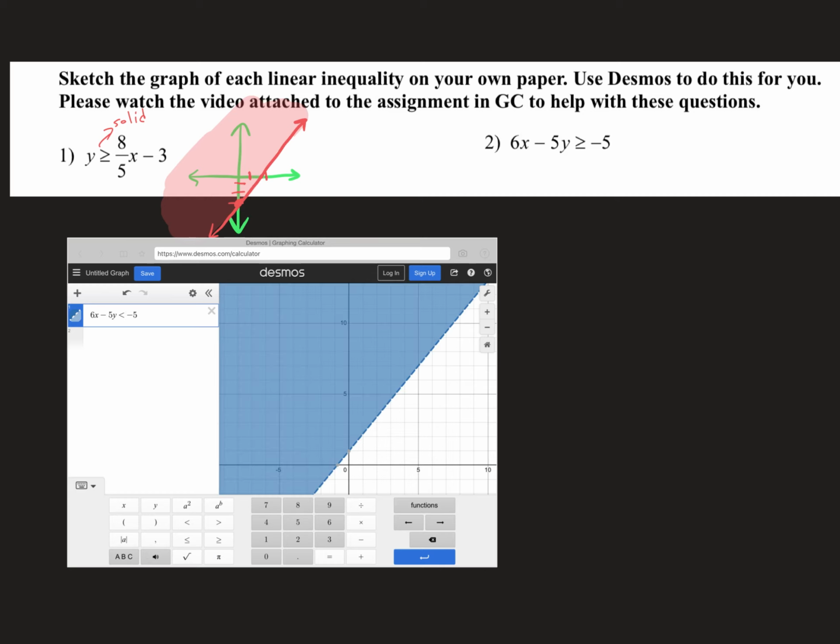Okay, and let me see. I'll make this less than just because I wanted it to be a little bit different, and it was not different, and here's why. Here's why the shading was not below the line. The y has a negative coefficient, so if you were to solve for y and divide both sides by -5, you would have to flip that inequality and make it greater than, which then the shading would be above, which is perfectly fine what I have.